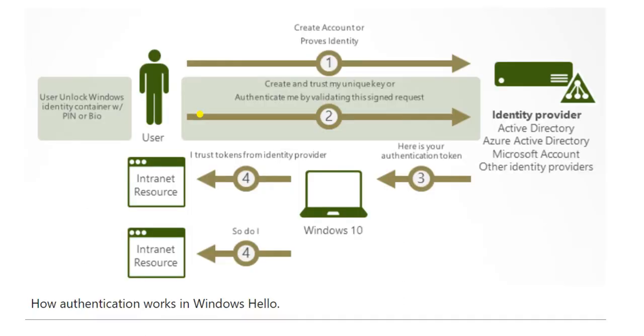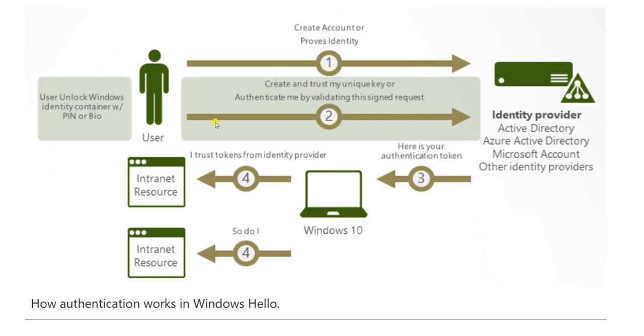Now, when the user logs in to unlock Windows with the PIN or the biometric, it will create a container, provision the identity, and then go to your Azure AD. The second thing is creating a trust.